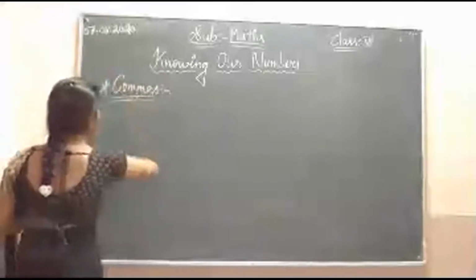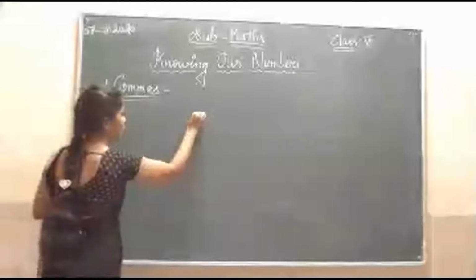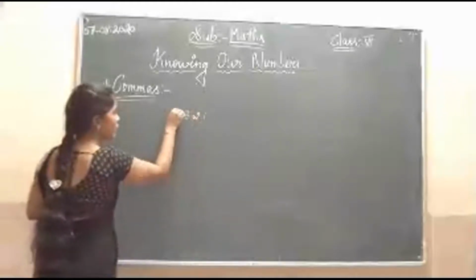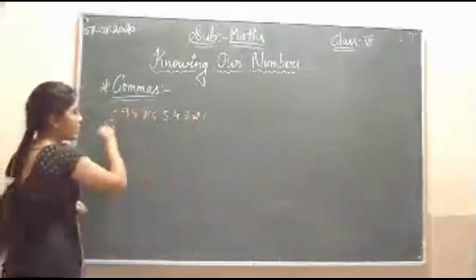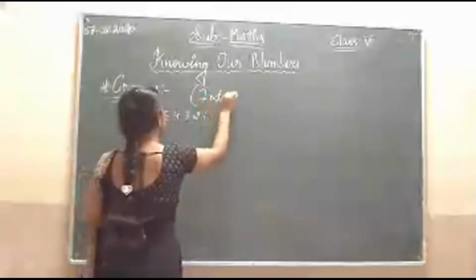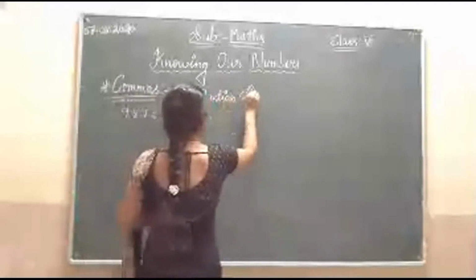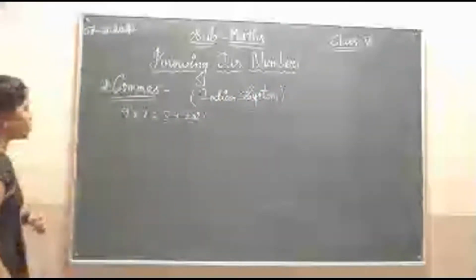After how many numbers should we put a comma? See here. 1, 2, 3, 4, 5, 6, 7, 8, 9. In the Indian system, how should we put commas?